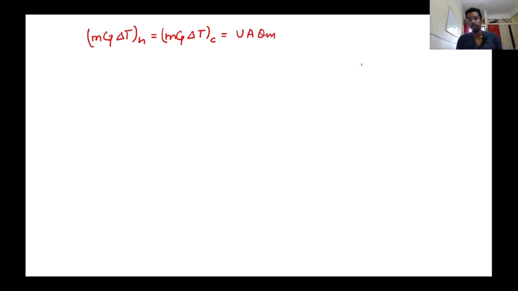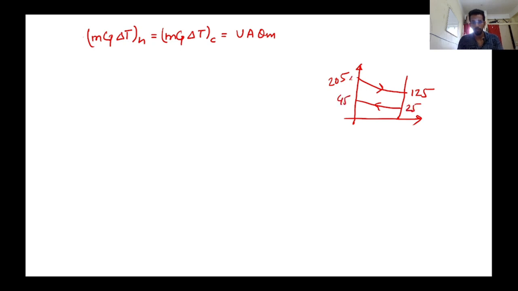We just found the outlet temperature: this was 205, this comes 125, and this is 25 and 45. The difference of these two temperatures is theta 1 and the difference of the other two is theta 2.